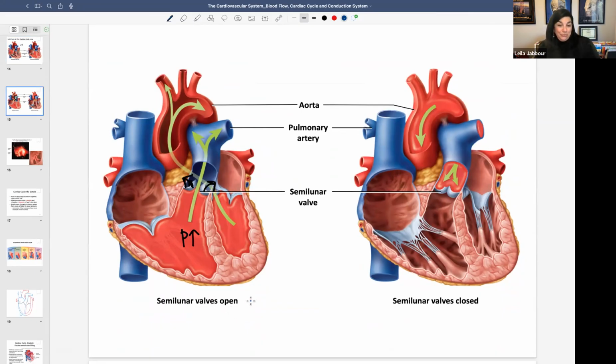So at that point, the semilunar valves are open. Of course, we're trying to get the blood to the next area. And here it's not a chamber per se, but it's the arteries.